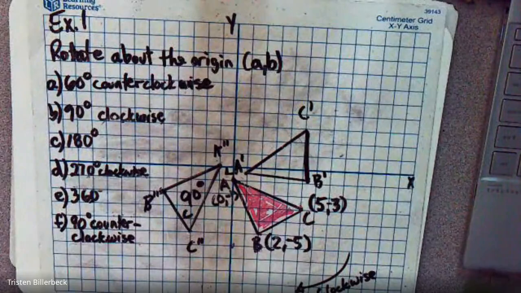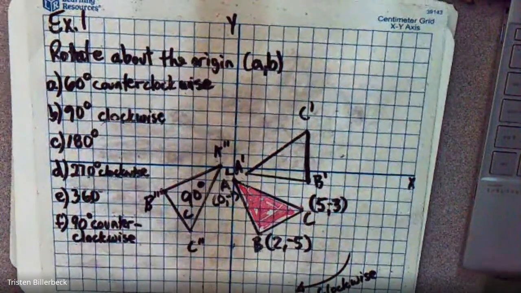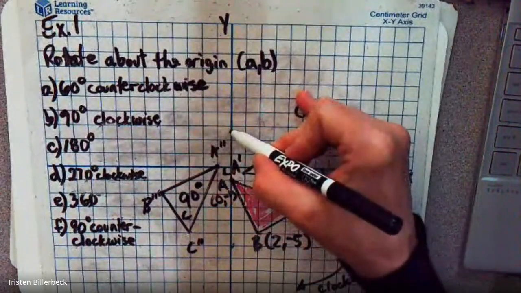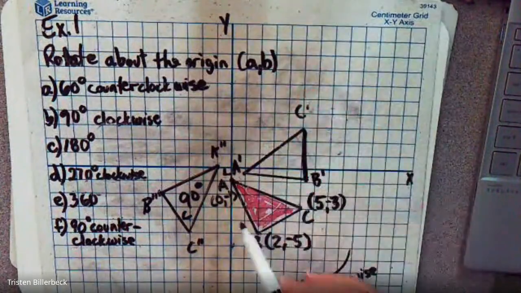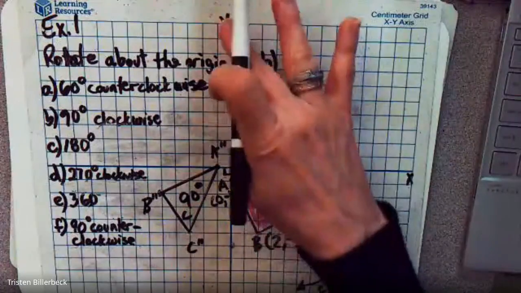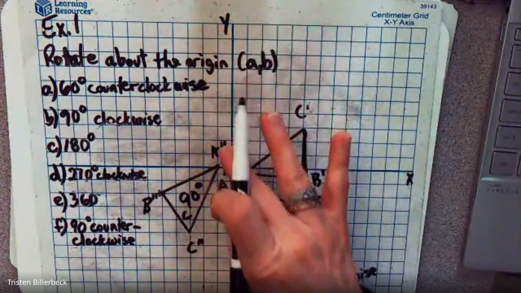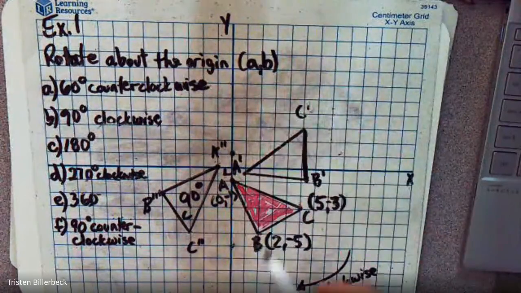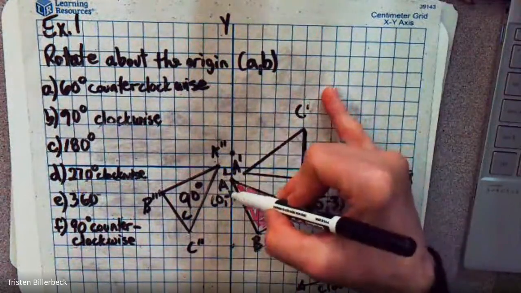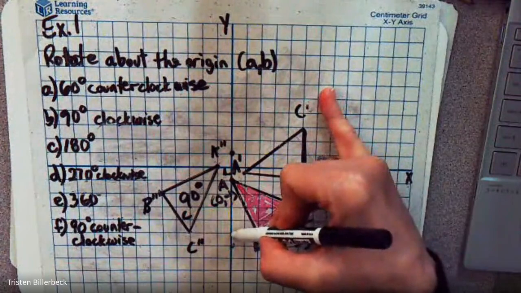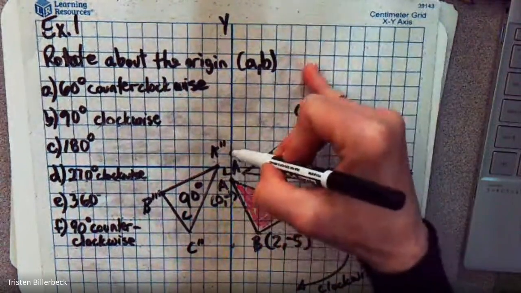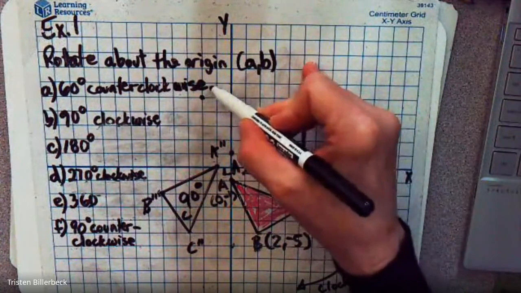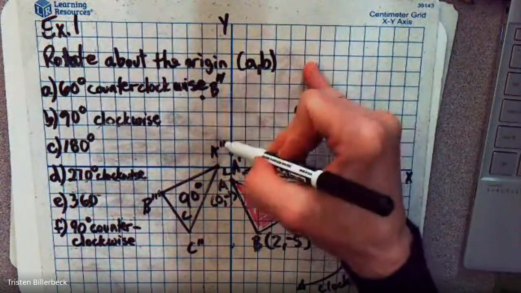All right, if we do 180 degrees, that just means we're going all the way around here, and it doesn't matter if it's clockwise or counterclockwise because it's still going to be on this axis right here. If this is 1 here, then we place 1 there. If this is 1, 2, 3, 4, 5, 1, 2, then we count 1, 2, 3, 4, 5, 1, 2, and we have B triple prime.